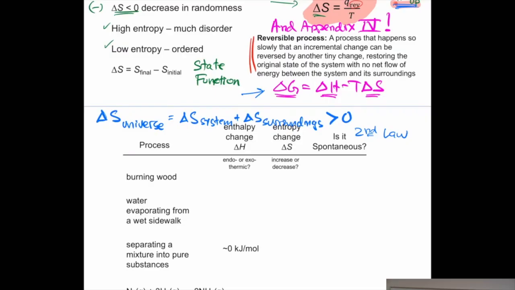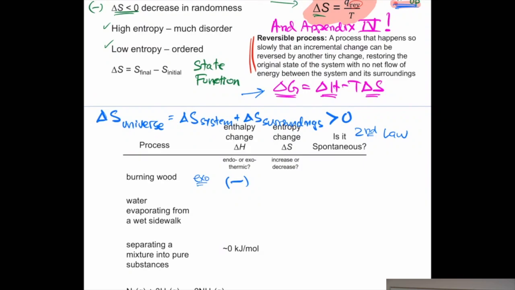Now, is burning wood going to be an endothermic or an exothermic reaction? You know that the thermal energy is coming out of the system because you can feel it. You're sitting there, you're getting warm. So this is an exothermic reaction. So what is the sign, positive or negative, on delta H if we're burning wood? It's negative, because the energy is coming out. It's exothermic.